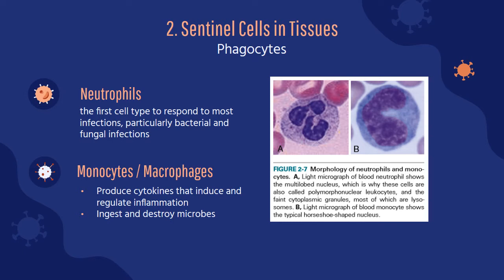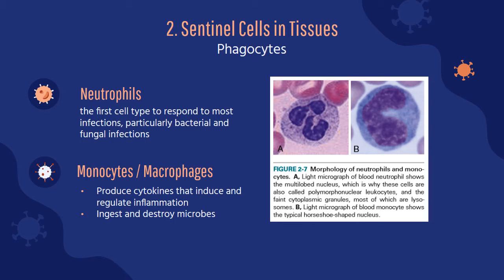Neutrophils and monocytes are blood cells. They are recruited to sites of infection where they recognize and ingest microbes for intracellular killing. First, neutrophils. Neutrophils are the first cell type to respond to most infections, particularly bacterial and fungal infections, and they are the dominant cells of acute inflammation, as discussed later.